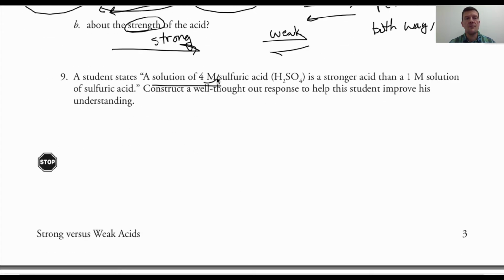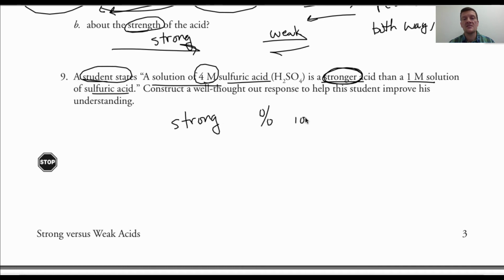A solution of 4 molar, remember that's moles per liter, sulfuric acid is a stronger acid than a 1 molar solution of sulfuric acid. This is what a student is saying. Construct a well thought out response to help the student improve his understanding. Well, when we say stronger acid, strength is a measurement of percent of ionization.